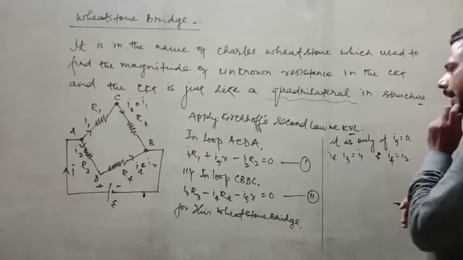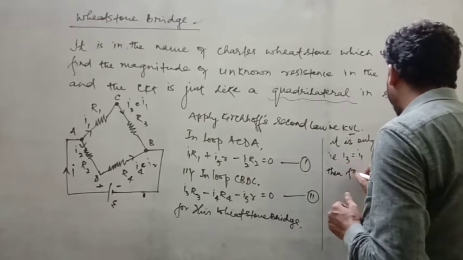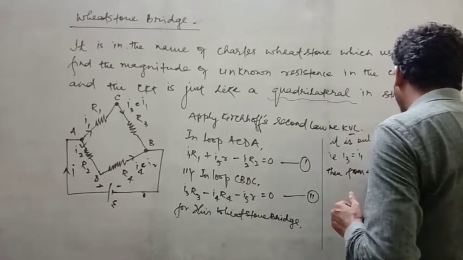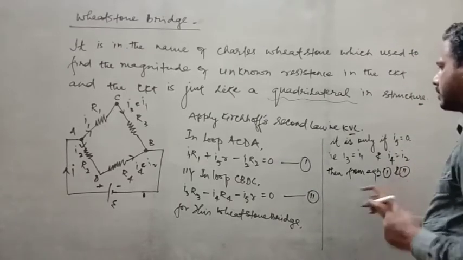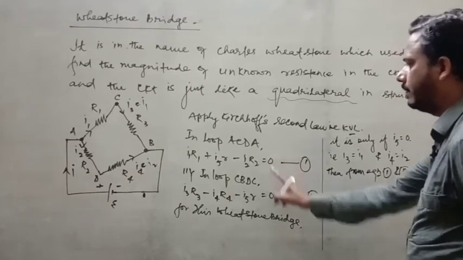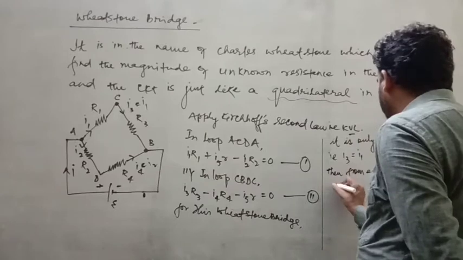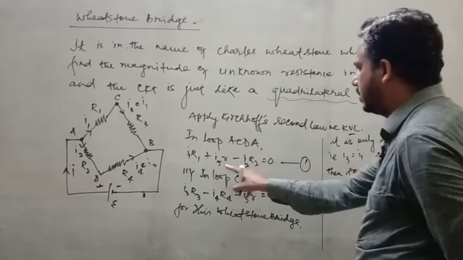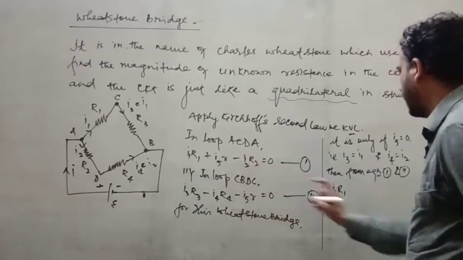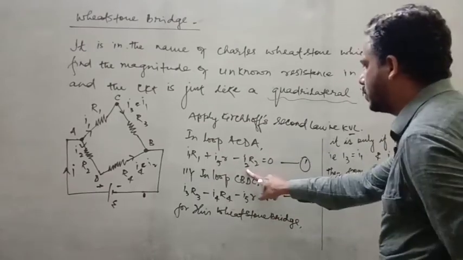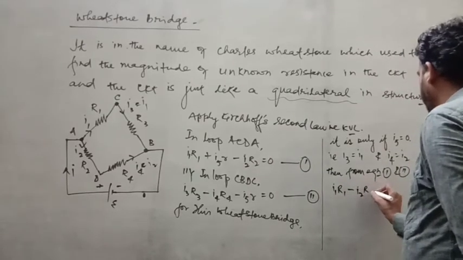From equations 1 and 2, we modify. So that becomes I1 R1, no change. The I phi R term becomes 0 because I phi is 0. Now here, minus I2 R2, there is no change.